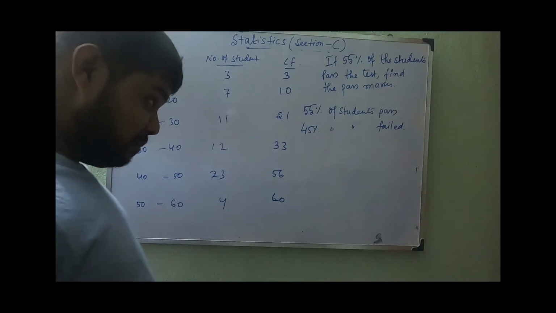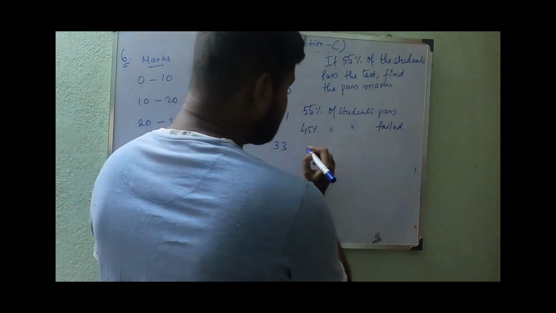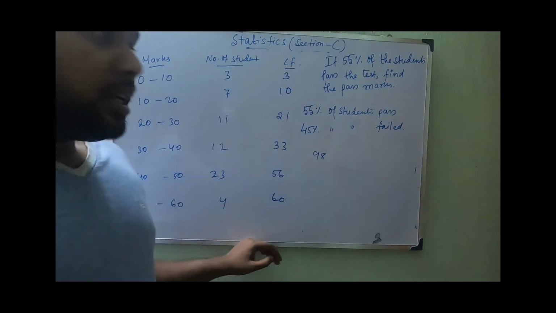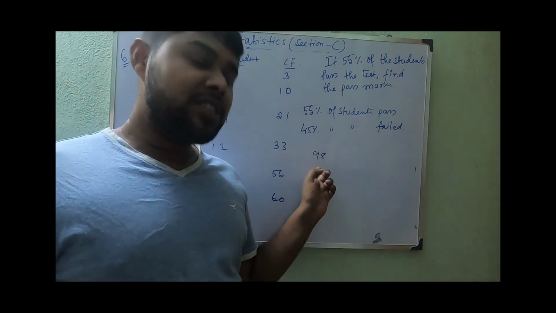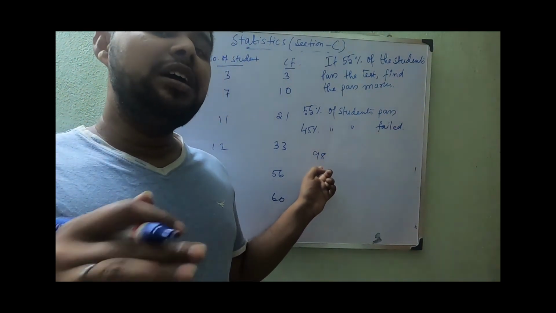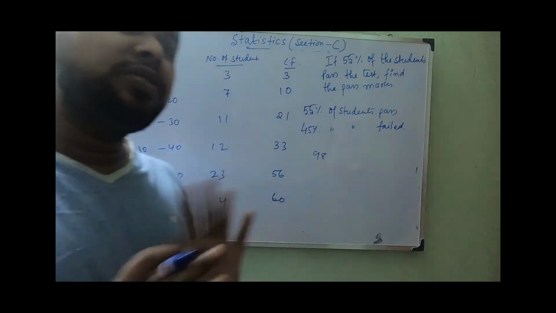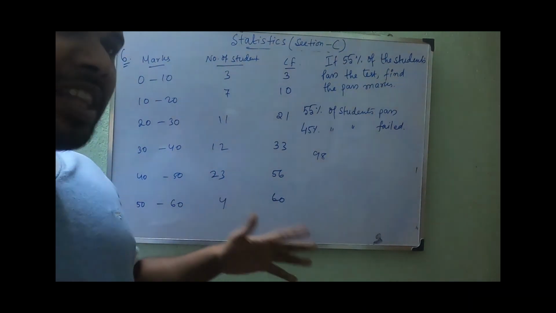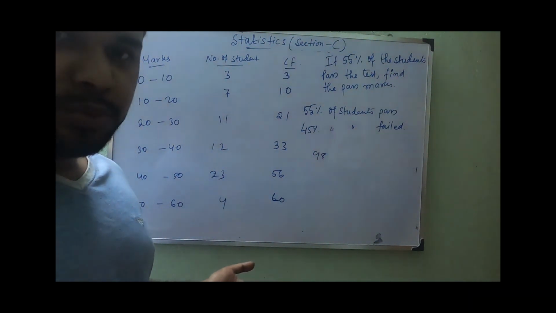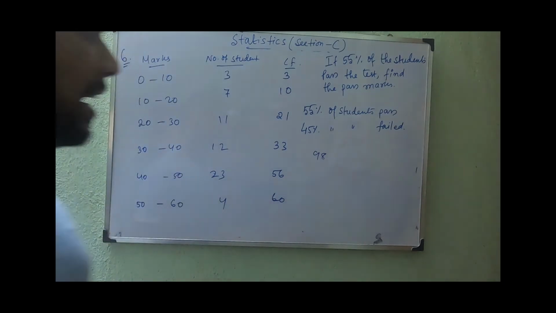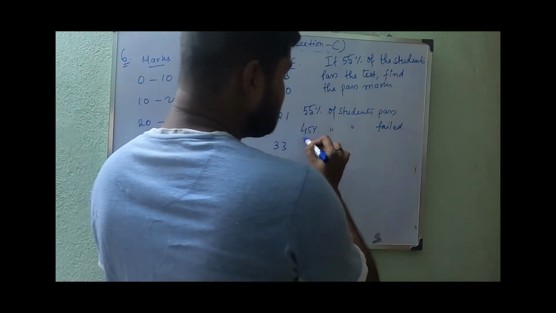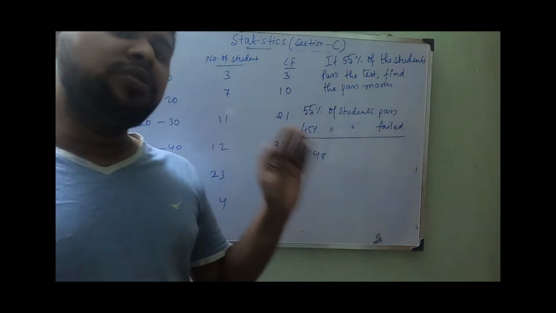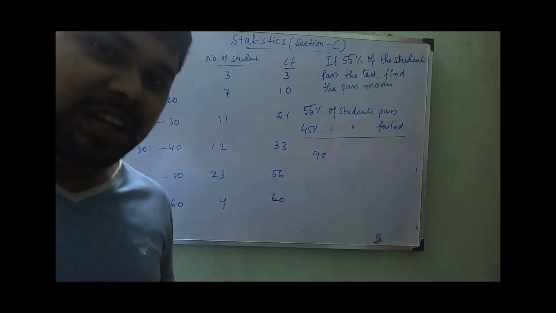If somebody has got, say, 98 percentile, that means that student has scored more than 98% of the rest of the students. So when I say that 45% of students have failed, that means any student who has scored 45 percentile or less has failed.